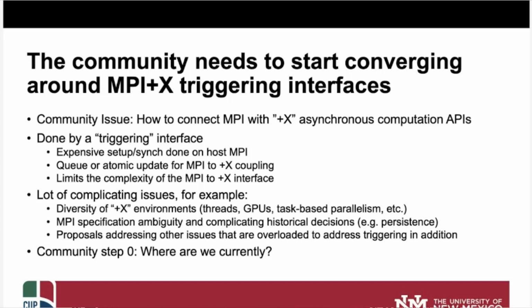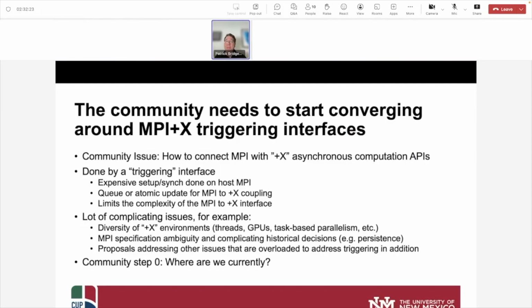The expensive things like matching, like setting up queue pairs, channels, these kinds of things are done once or periodically, and the cheap things, triggering communication, are done through a much simpler interface.